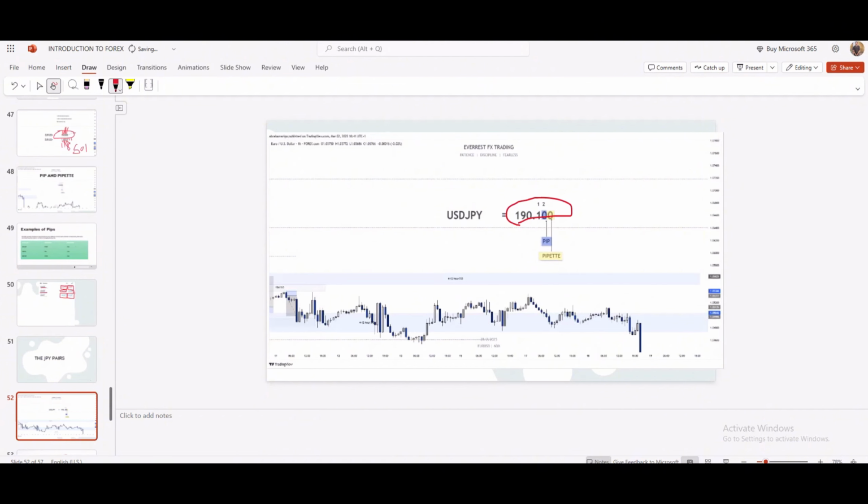The first number after the decimal point is 1. The second number is 0. These two numbers are our pip. Any other numbers after these two are pipettes. That's only for the JPY pair, but every other pair is not like that. So any pair that has JPY, we normally look for just 2 decimal places. I hope we understand.